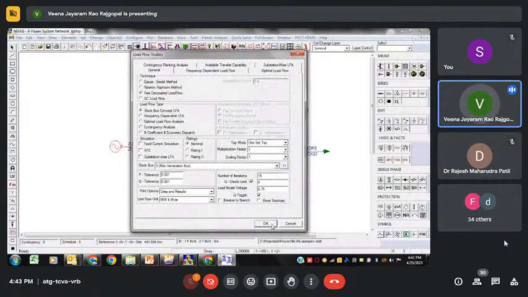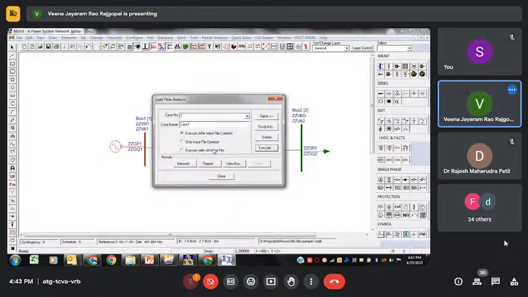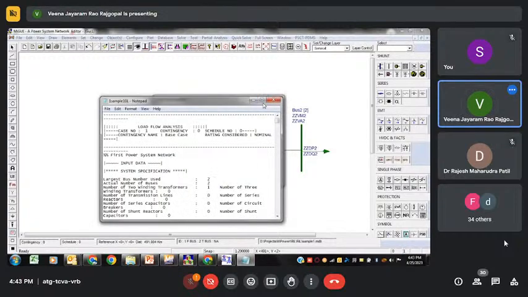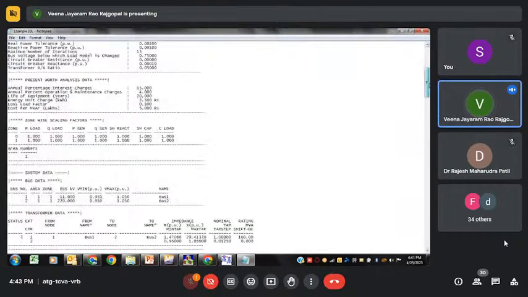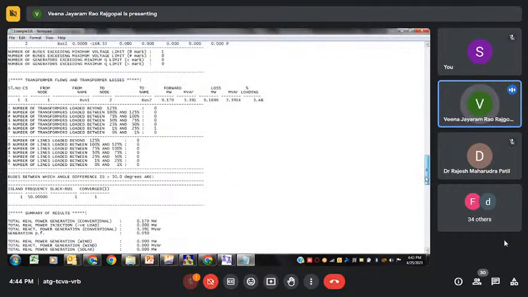It has done the contingency analysis. I have not selected any contingencies. Here you can see what is the generation, what are the loads.